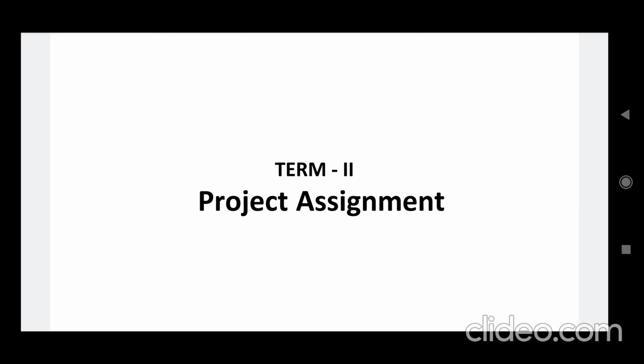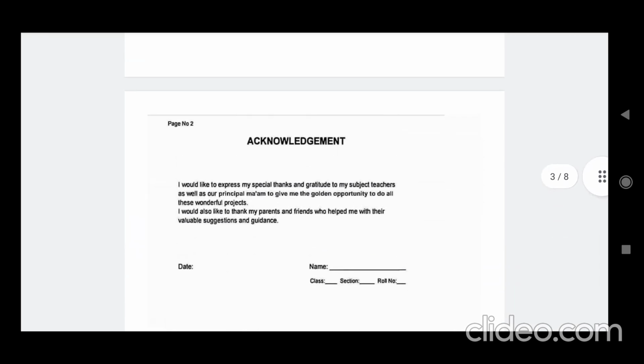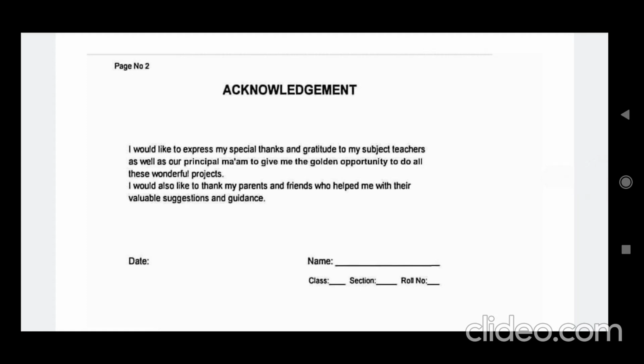Okay, after that you will dedicate a page for your acknowledgement. You have already written an acknowledgement for your term 1 projects, but for term 2 project assignments you must make another separate acknowledgement page.